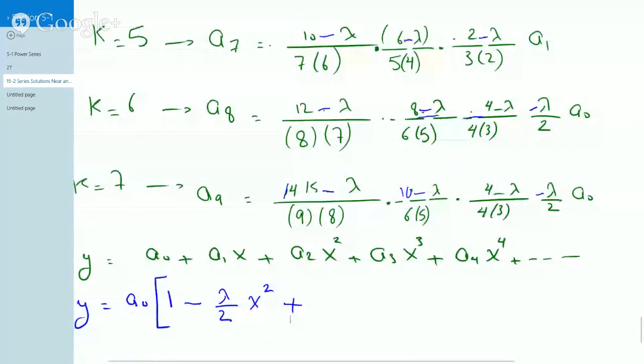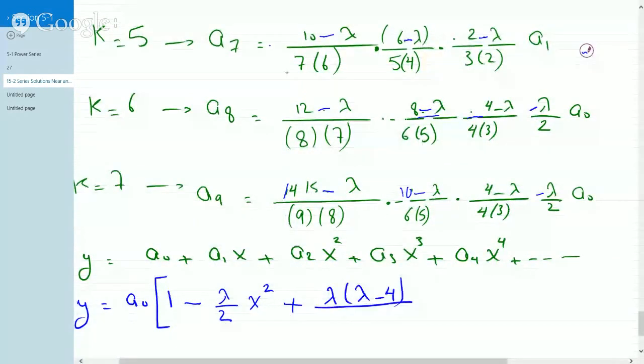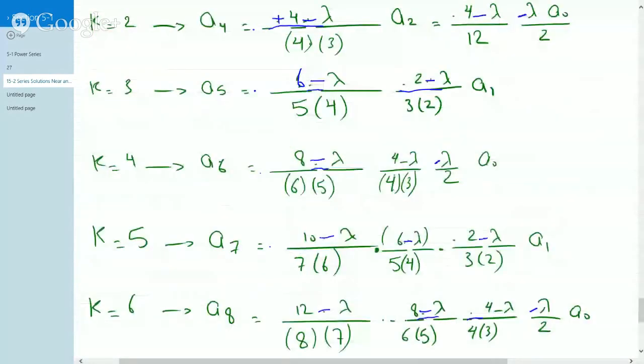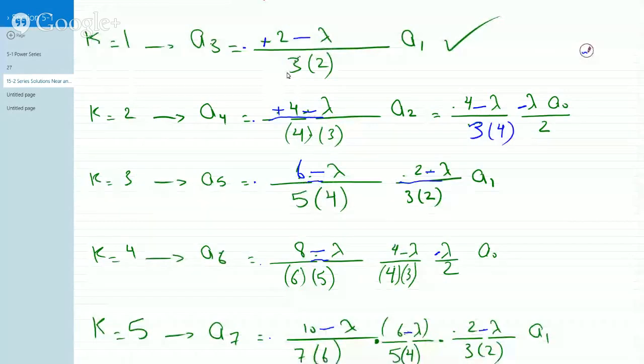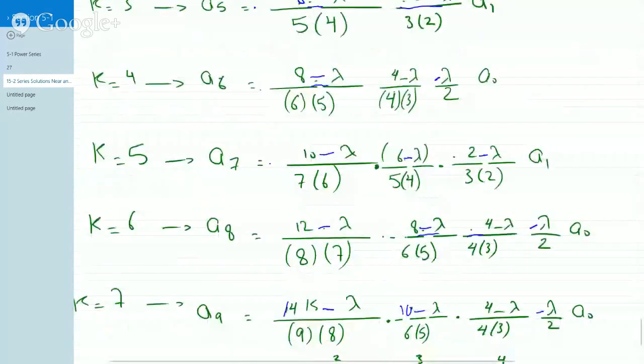So lambda times lambda minus 4 over 4 factorial. Why 4 factorial? Because 12 times 2 is 24 and 4 factorial is 24. If you get confused, you can always rewrite this as 3 times 4, and then you can see it's 2 times 3 times 4, so that's 4 factorial. Okay, so that's x to the 4.